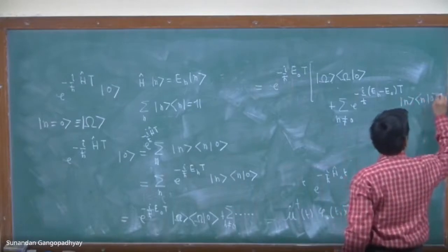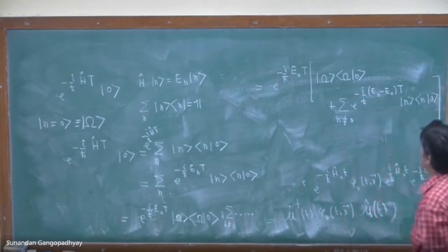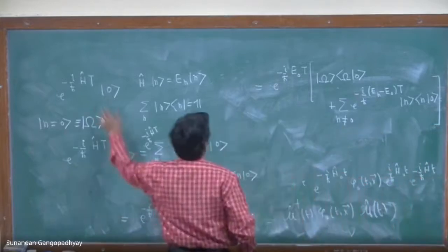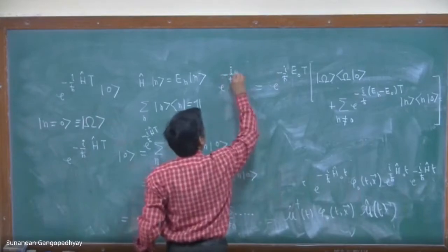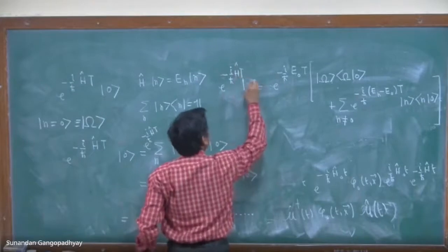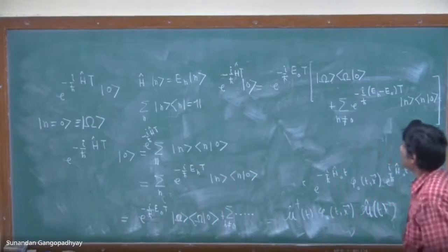This is what we have. So this is this quantity, e to the power of minus i by h bar Hamiltonian t. So this is this quantity. Is this okay?